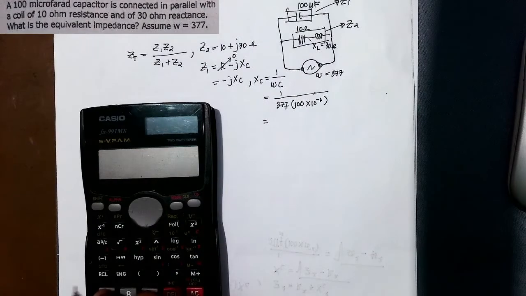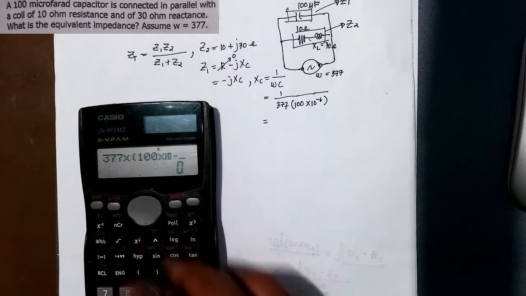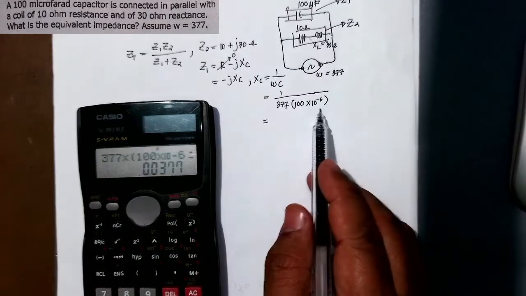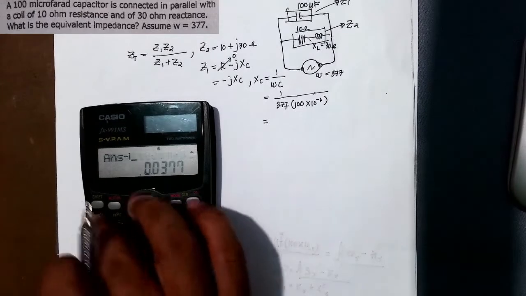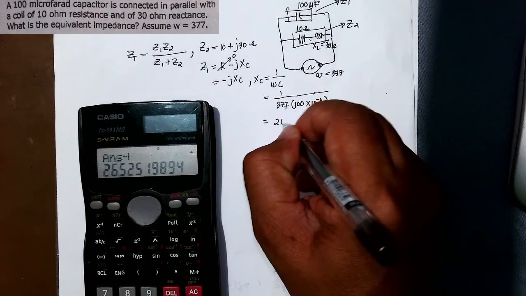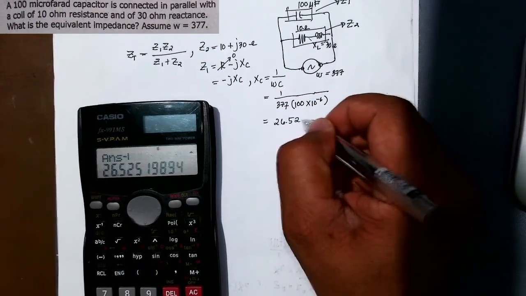Okay, so for the value of this one, you will use a calculator. We multiply 377 times 100 times 10 raised to the negative 6. That is 0.0377, and we get the inverse of that. So that is 26.52 ohms.